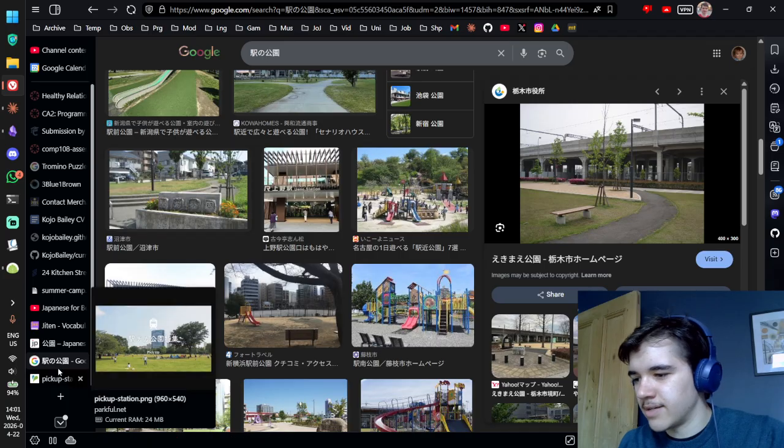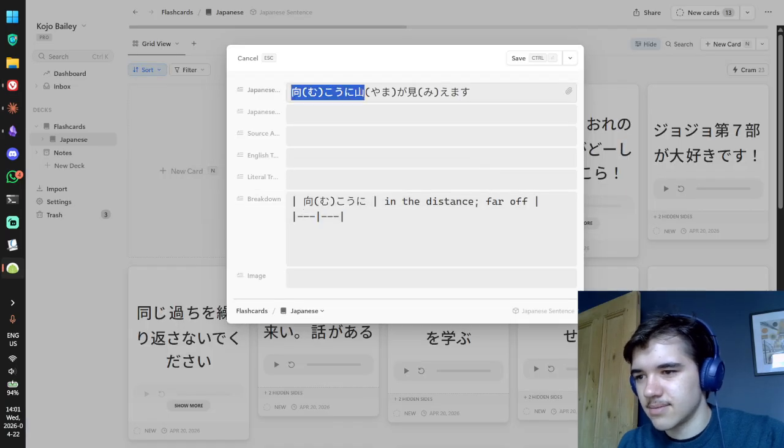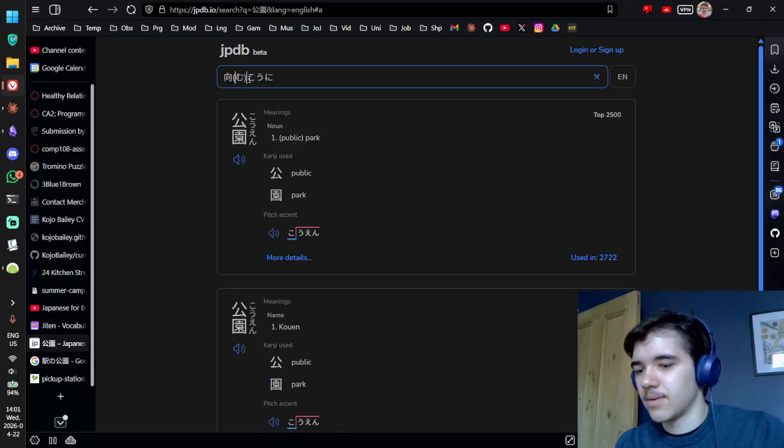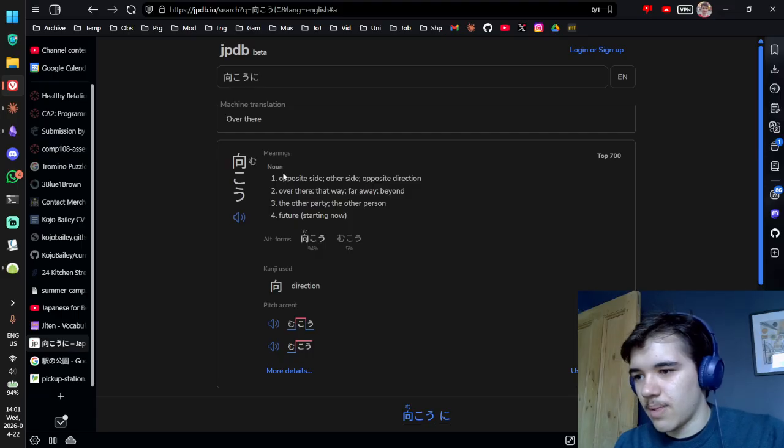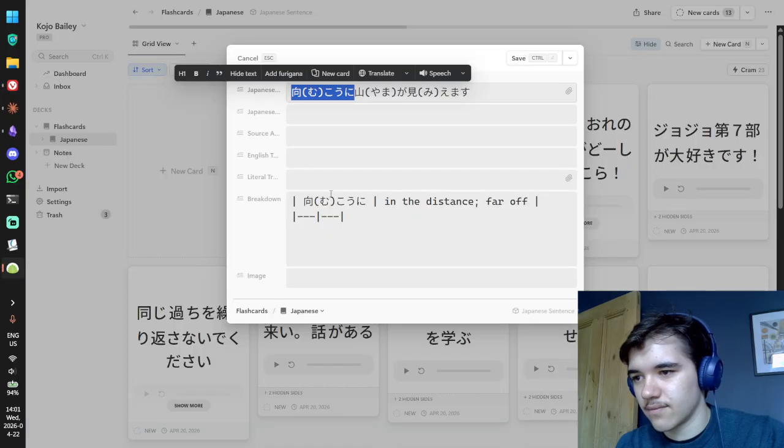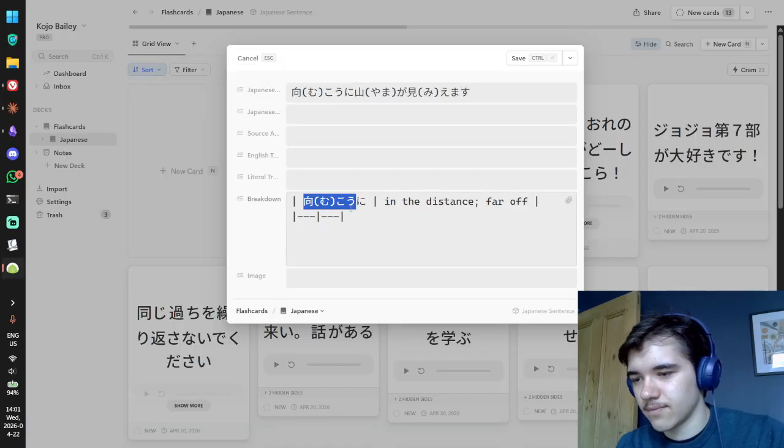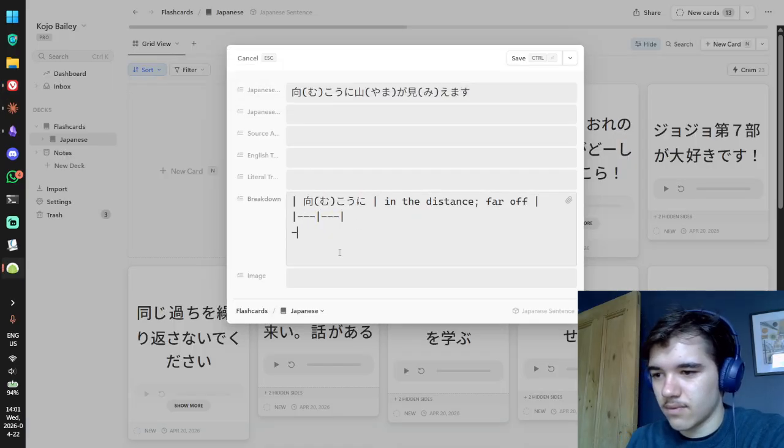I mean, mukou ni could be even like a set phrase in a way, could it not? No. Mukou ni, far away. Or that way. Far away, that way.